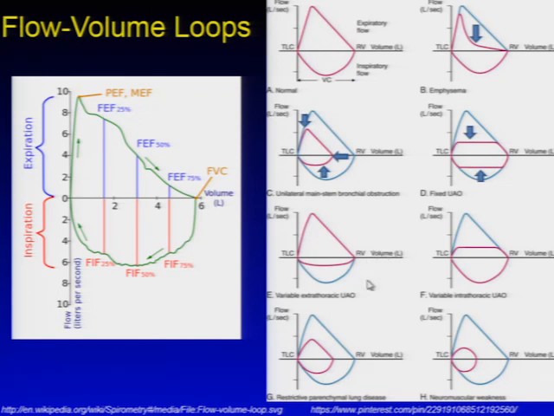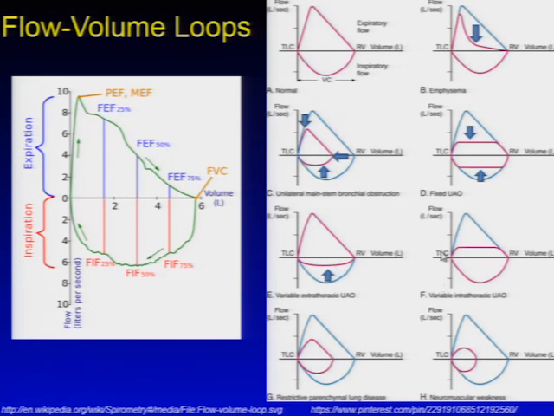Then it's a little bit more complicated. If you have a variable extrathoracic upper airway obstruction, this is what you can see. This only affects the inspiration part, because the pressure in the airway is negative, therefore the variable extrathoracic portion is more narrow. That's the reason you will see the decreased flow of the inspiration.